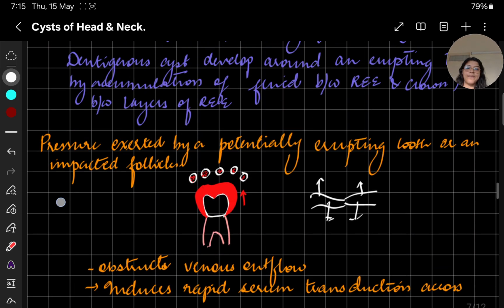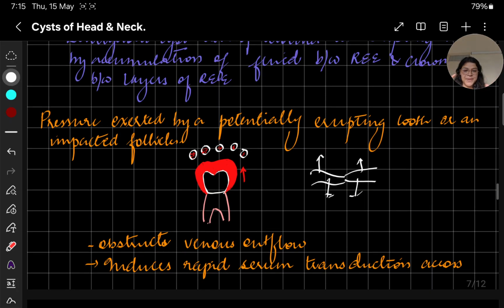Okay, so what happens, I'll tell you again. There is pressure exerted by the erupting tooth on an impacted follicle. These capillaries are obstructed, their flow is obstructed, which will lead to serum transudation. The serum transudation will increase the hydrostatic pressure and cause separation of the layers of the reduced enamel epithelium, or separation of the reduced enamel epithelium from the crown.